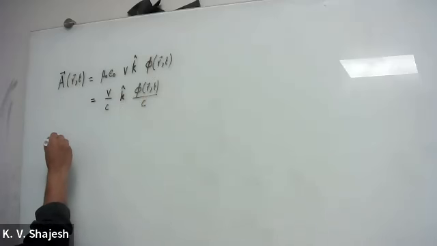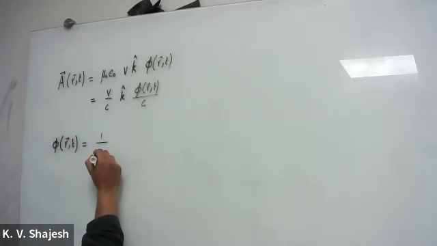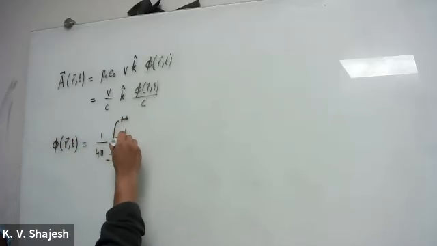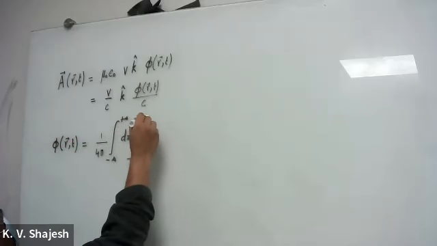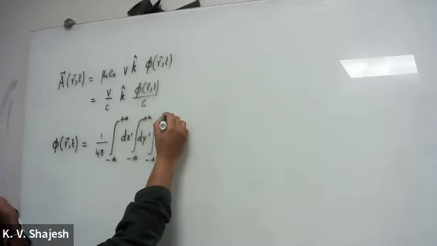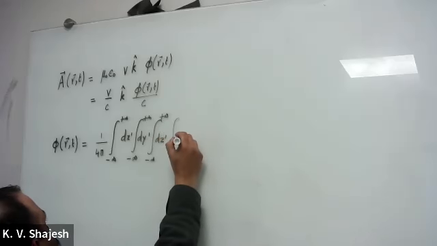Okay, so what is our scalar potential then? So scalar potential phi of r, t is equal to, let's explicitly write this. That's 1 over 4 pi epsilon naught. Those three integrals, I want to write more explicitly. So this is dx prime, dy prime, dz prime. And we also have a dt prime.